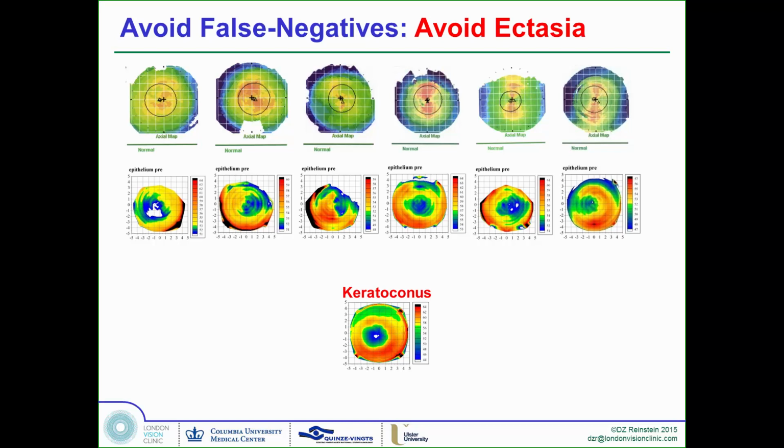None of these cases in my practice received corneal refractive surgery, and I could say these are those cases where I avoided producing ectasia, and of course ectasia which would have been called ectasia without a cause by anyone who had not seen epithelial thickness maps.